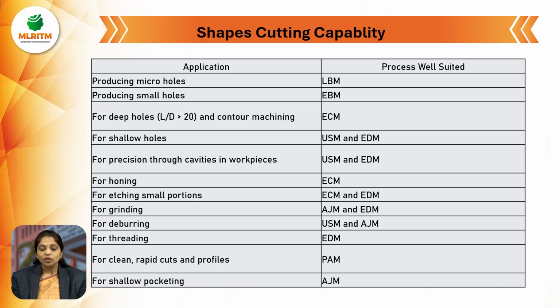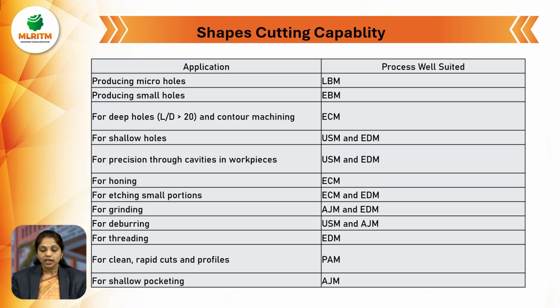Similarly, for small holes, like 20 to 50, we can go for electron beam machining. For deeper holes, contour holes or intricate holes, like in aerospace, automobile or medical fields, micro levels of precision holes are required. In that case, we use these types of machining techniques.